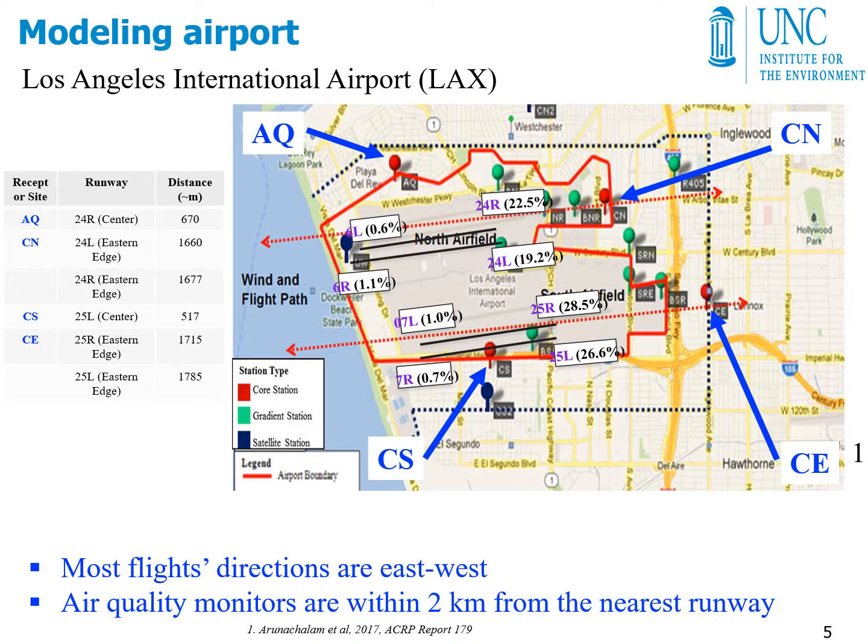So model predictions were compared with the observations from these four sites. Most flight directions are east to west, and the air quality monitors are within 2 km from the nearest runway, which are shown in the left table.